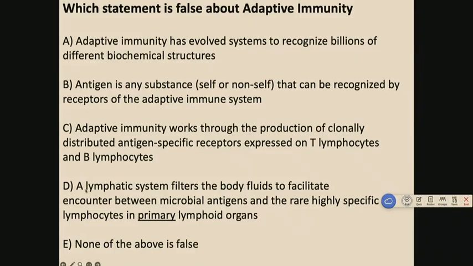And then this D, which is the one that is false and should be selected in this question, says a lymphatic system filters the body fluids to facilitate encounter between microbial antigens and the rare, highly specific lymphocytes in secondary lymphoid organs. It should say secondary, because that's the meeting place, the secondary lymphoid organs. The primary lymphoid organs is where the T cells and B cells will develop, okay?